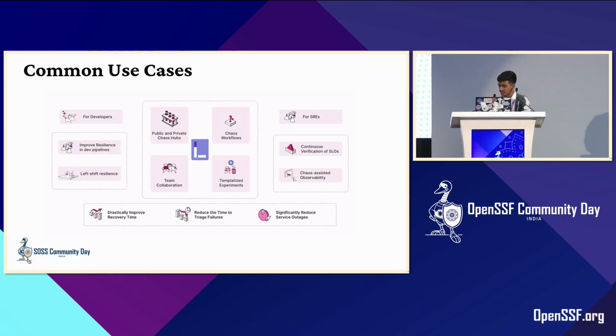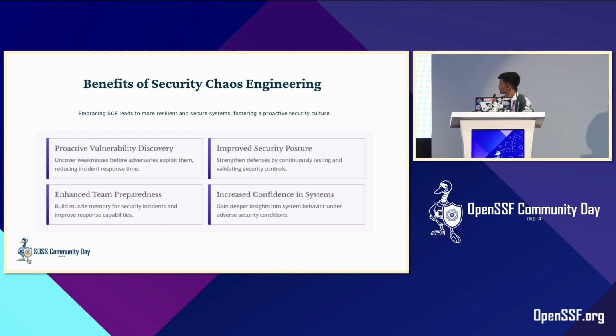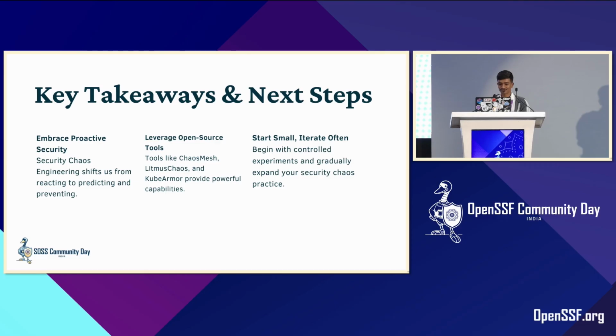If you want to know about ChaosMesh, you can check the slides here. These are some benefits of chaos engineering: it uncovers weaknesses and improves the security posture. It increases the confidence in the system as we go deeper into it. And these are some of the key takeaways.